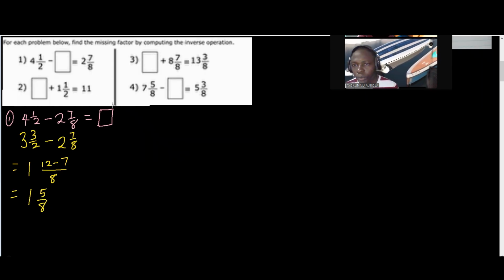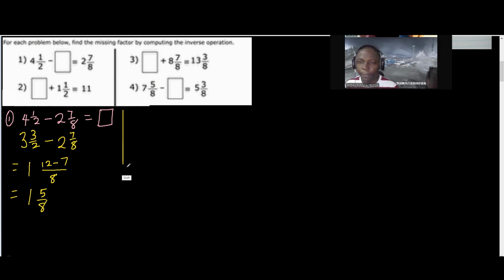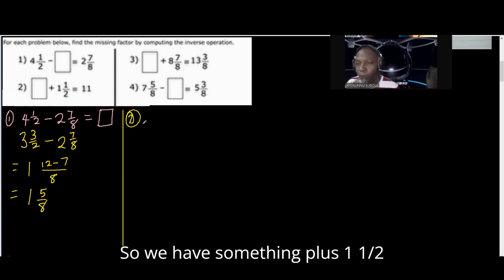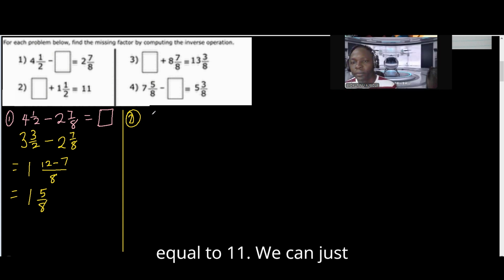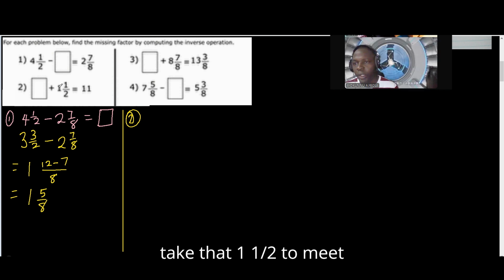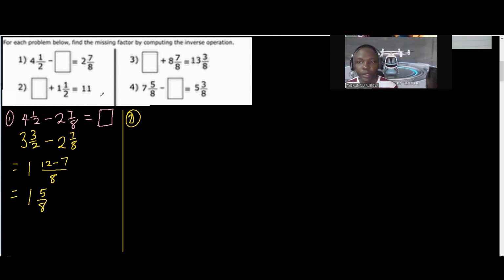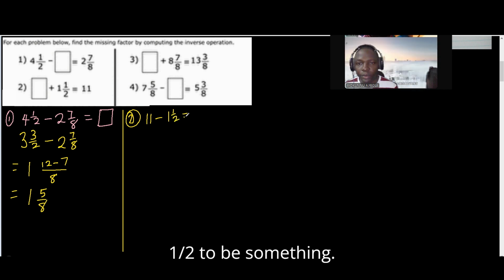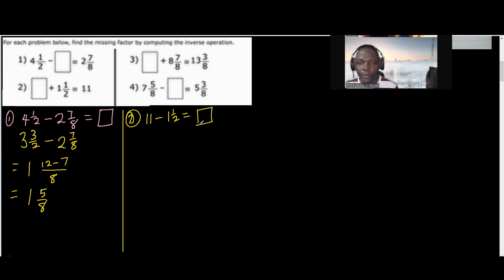Number 2. For number 2, okay, let's see. Number 2, we have something plus 1.5 equal to 11. We can just take that 1.5 to meet 11. So it's going to be 11 minus 1.5 to be something.